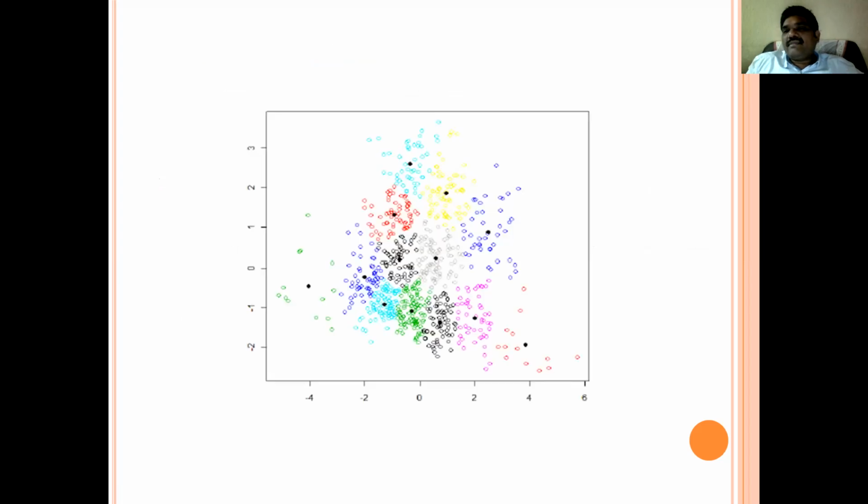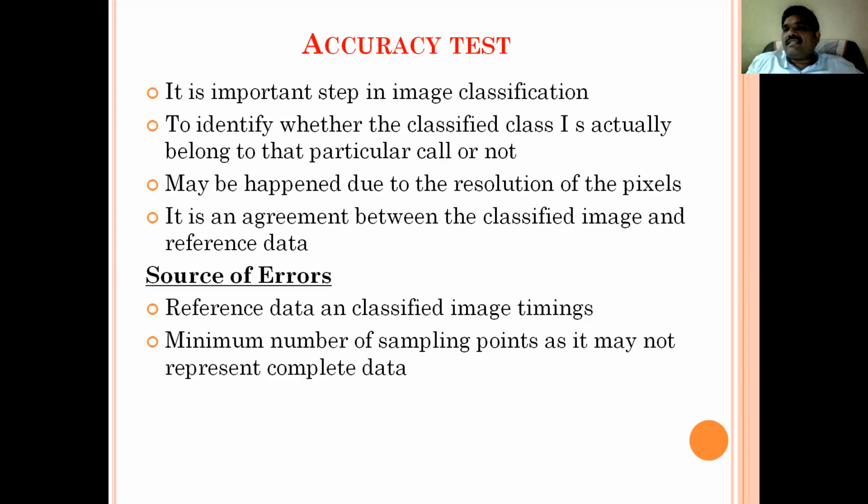From the beginning, I used to say there must be an accuracy test, which is the important step in classification. See here, suppose in your BTech certificate or one of your higher education certificates, your name spelling was incorrectly typed.